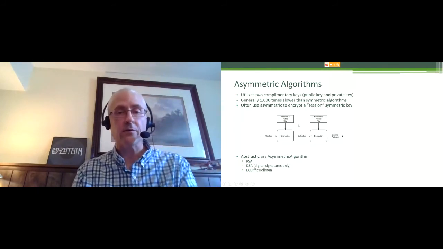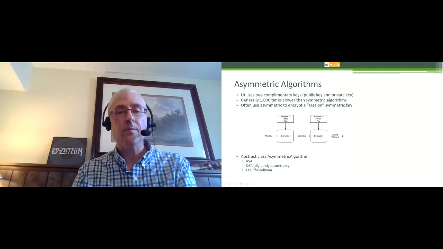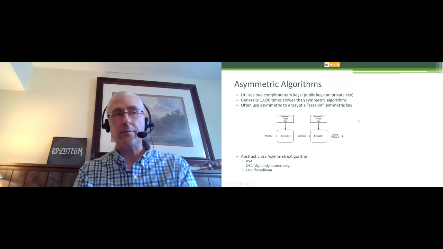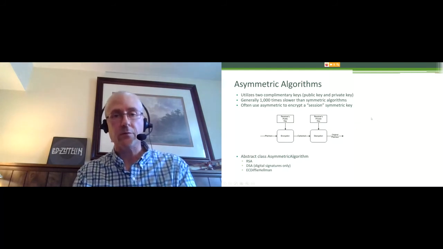The only person who can decrypt that ciphertext is the person who has the corresponding private key. So obviously the person I'm sending to, you never want your private key to be exposed. You want people to trust your public key, and they're able to get back to the original plain text. So again, this is great because it gets away from the key distribution problem.